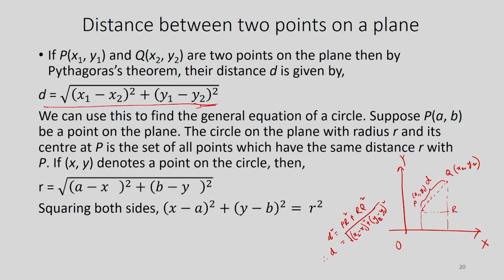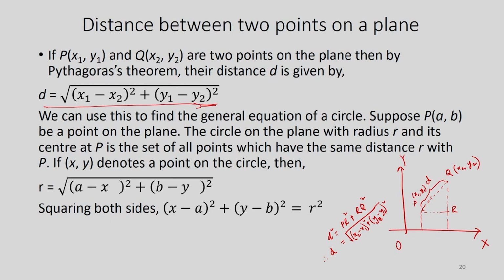the same formula will apply. So, the distance between 2 points whose coordinates are x1, y1 and x2, y2 is given by root over (x1 minus x2) whole square plus (y1 minus y2) whole square. Now, we can use this to find the general equation of a circle.